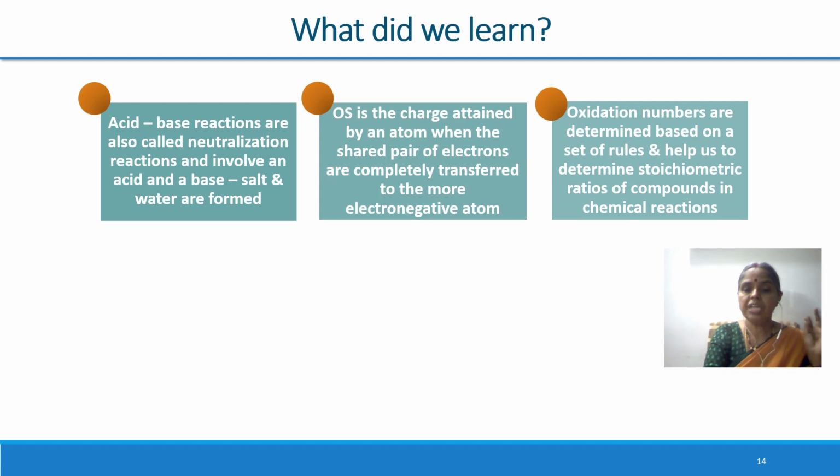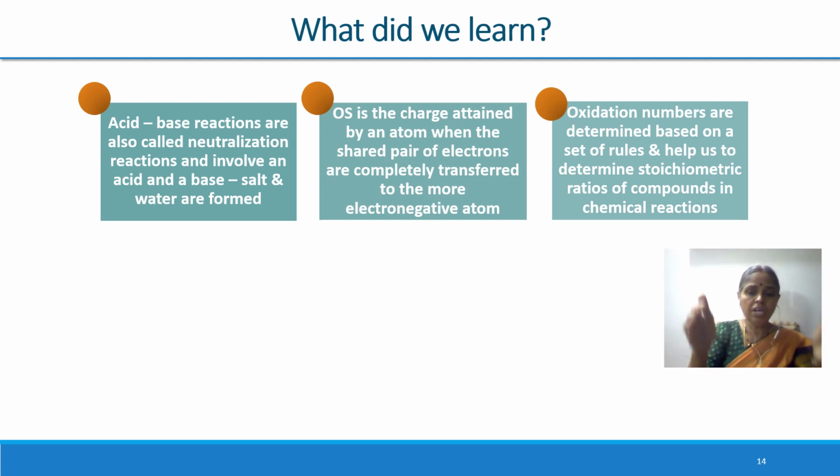Then oxidation numbers are computed based on a set of rules. You have a set of rules for calculating the oxidation number. Some elements always have a fixed oxidation number. Fluorine always -1, alkali metals +1, alkaline earth metals +2, and in metal carbonyls, the metal will always have 0 oxidation state.